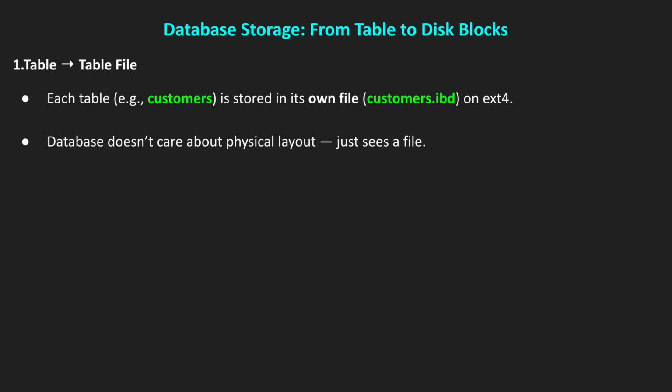It only sees that the file is created. So to sum up, when we create the customers table, the customers.ibd file is created as the place where the data from customers is stored.